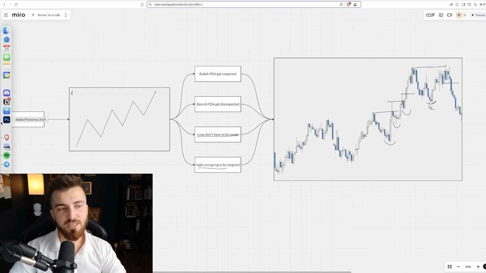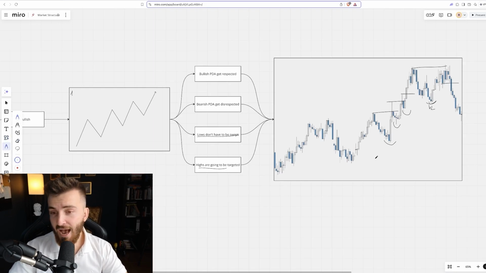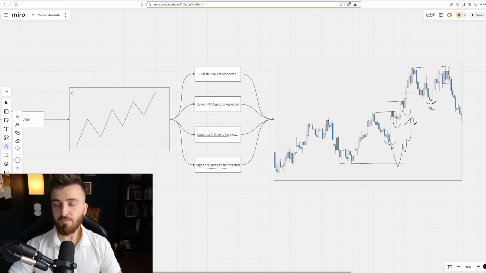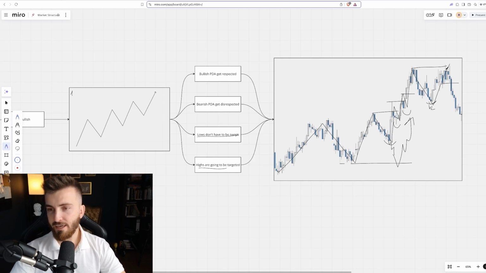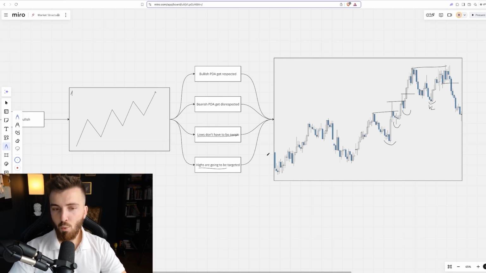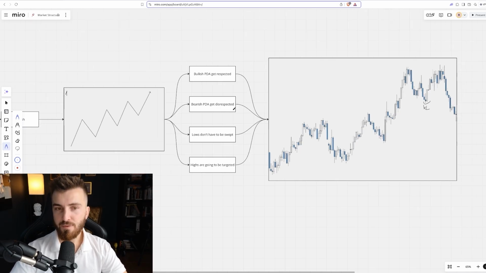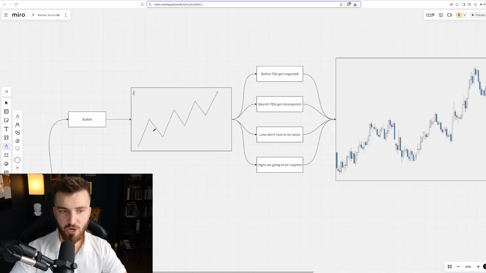And every time I see people's analysis, I see that they're always waiting for these equal lows to go before being bullish, not understanding the overall direction of the market is bullish, right? So instead of always waiting for the sweep of the low that does not have to happen, just trade with the market structure and target the highs on a bullish market structure.